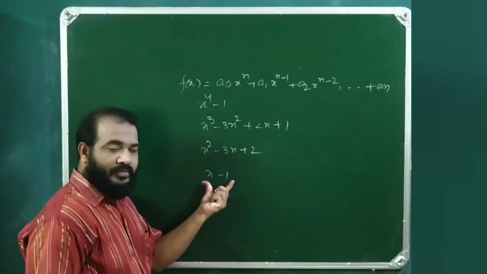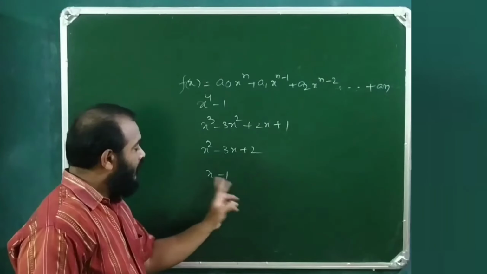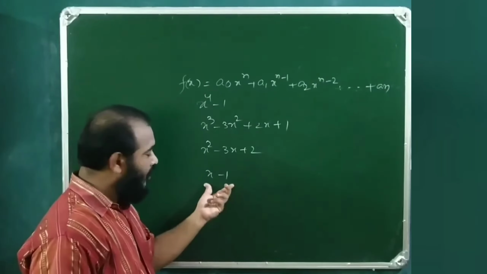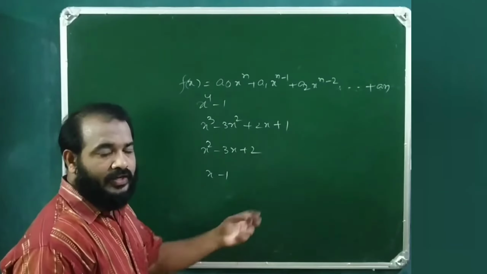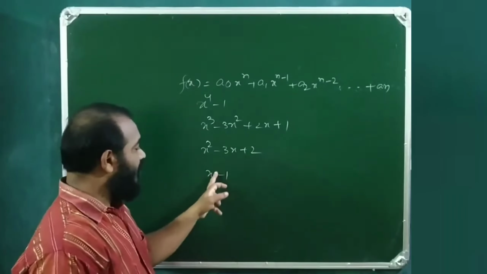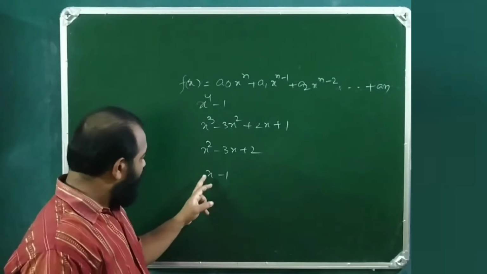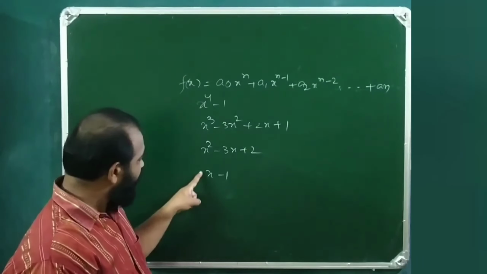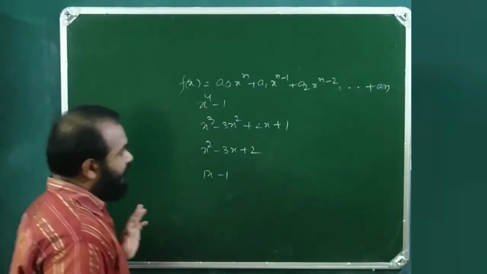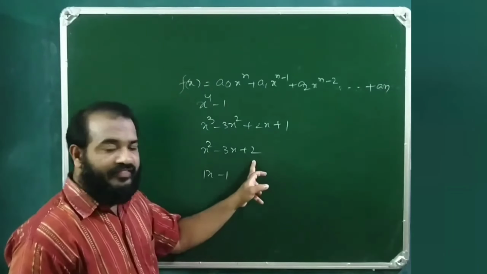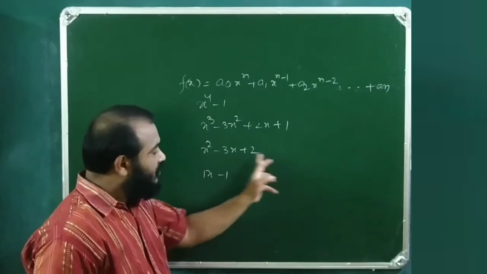This particular linear polynomial contains two terms. So therefore, a linear polynomial has at most two terms with the degree 1, with its coefficient not equal to 0. And a quadratic polynomial has at most three terms.